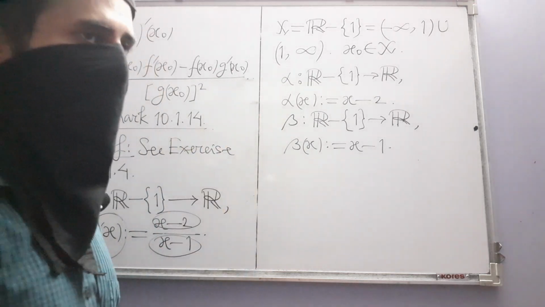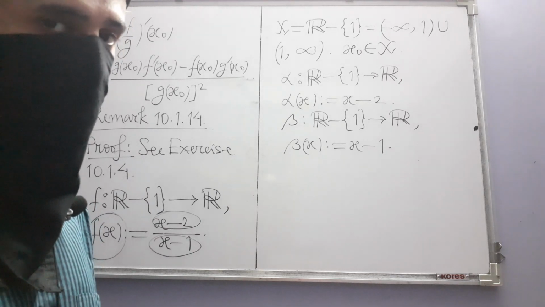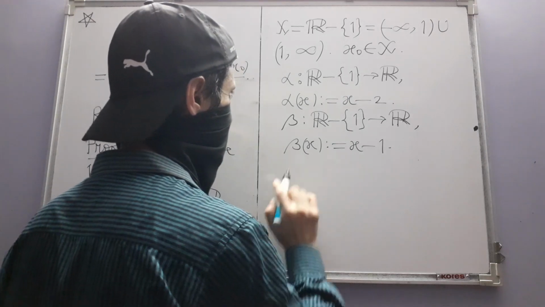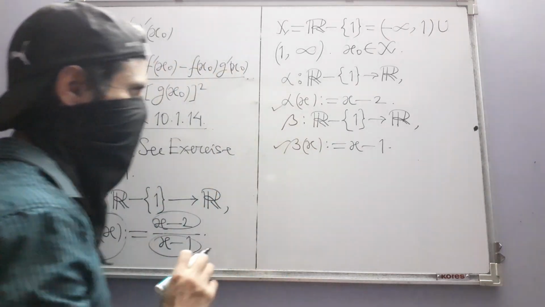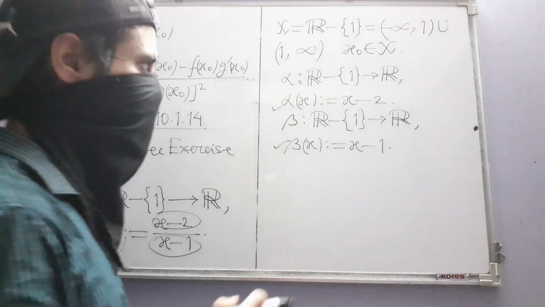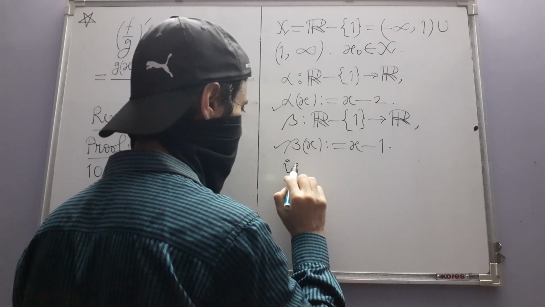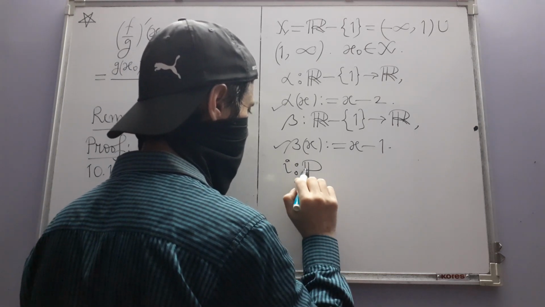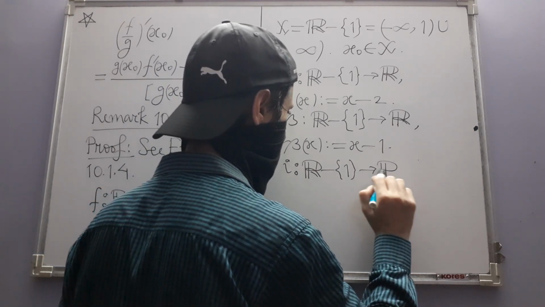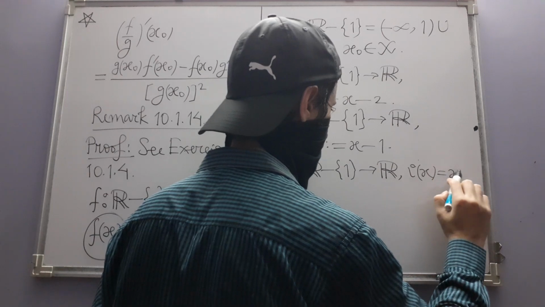Now, are alpha and beta both differentiable at x naught? The answer is yes. Why? You see, that's because alpha and beta themselves are also differences of functions. Say you call the function I from R minus 1 to R, which is the identity function.